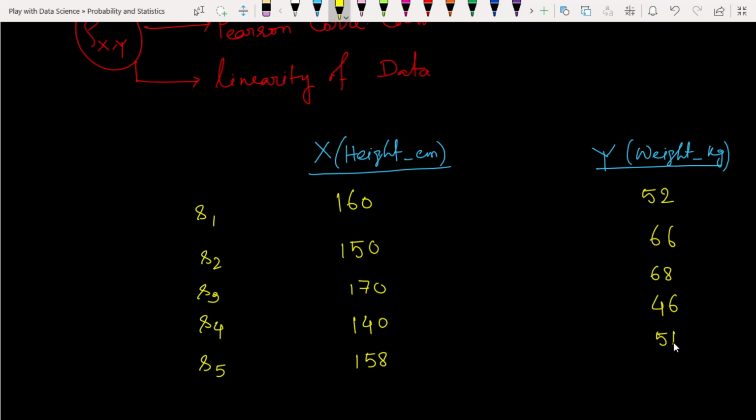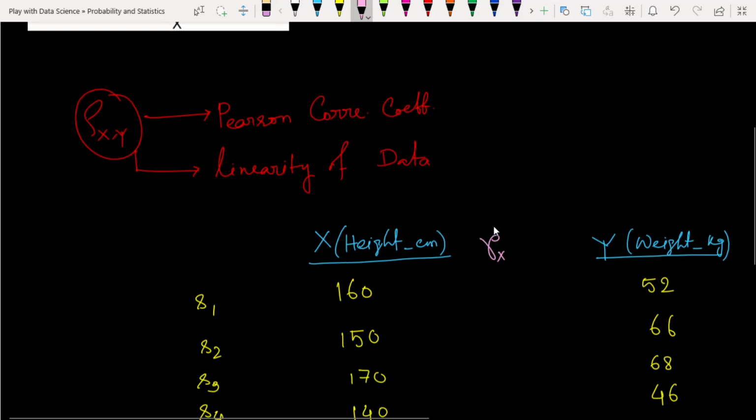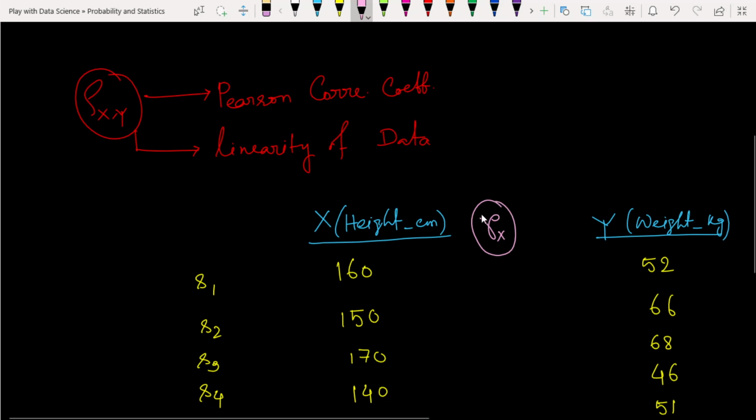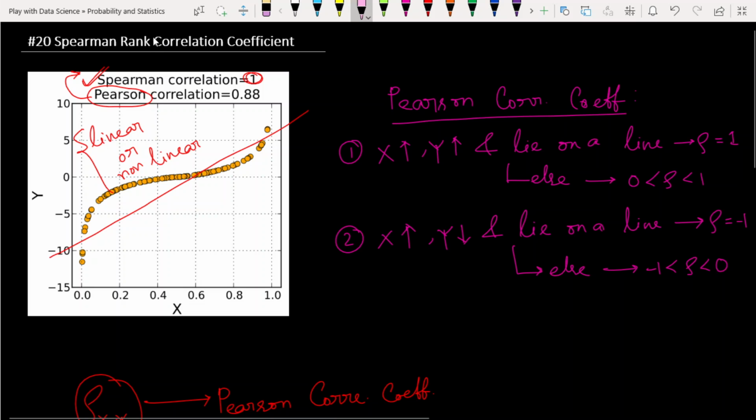Now, the first thing we have to do is build another random variable, r of x, which is the rank of x. Because of that, these are called rank correlations.